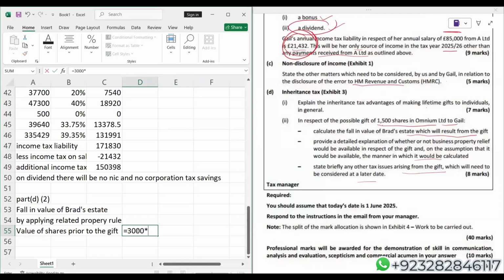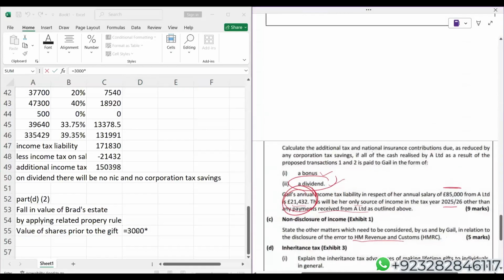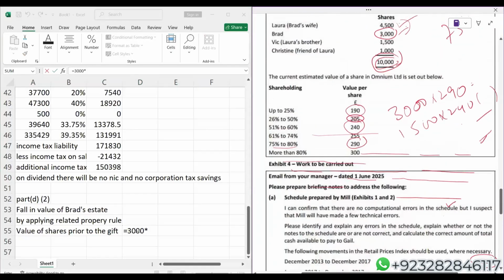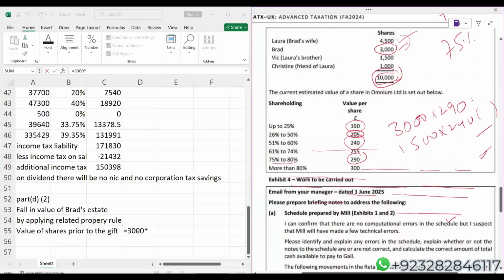What was the share price? Can I say when the holding is 75 to 80%, the applicable share price is 290? That gives 8 lakh 70. Then value of shares after the gift.